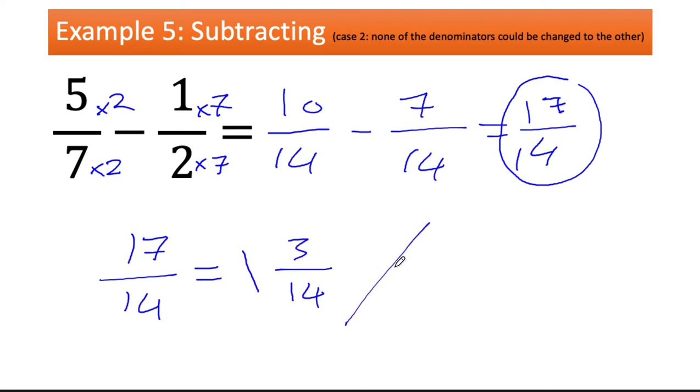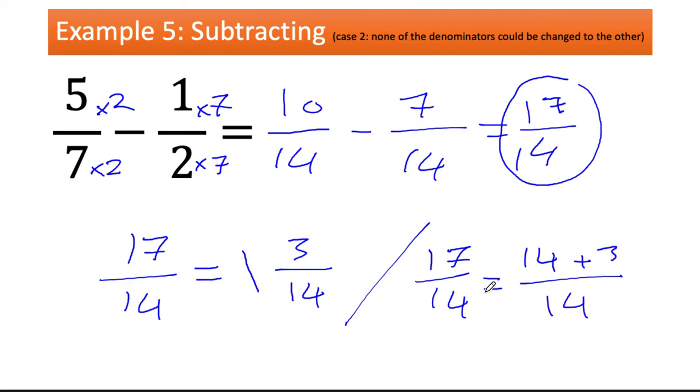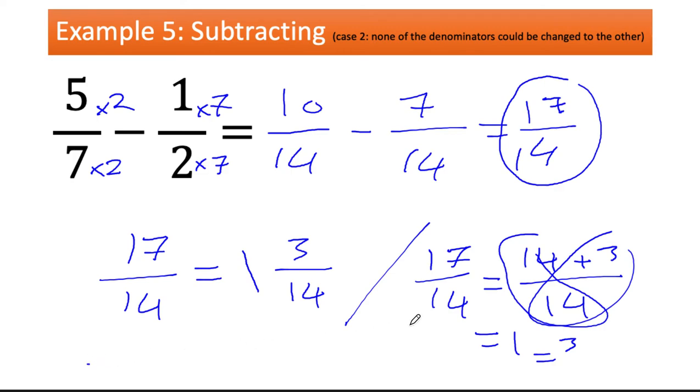We can do this another way. If I have 17 over 14, I will change it to 14 plus 3 over 14. So 14 over 14 is 1, and 3 over 14 I will leave the same. So it will be 1 and 3 over 14.